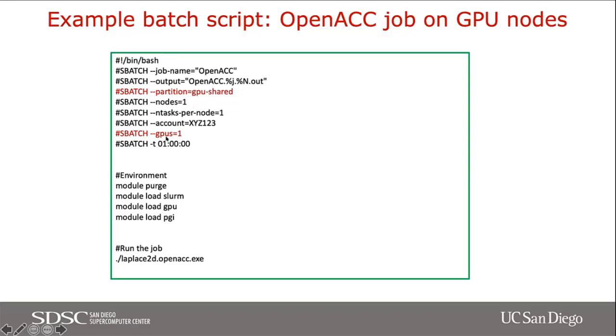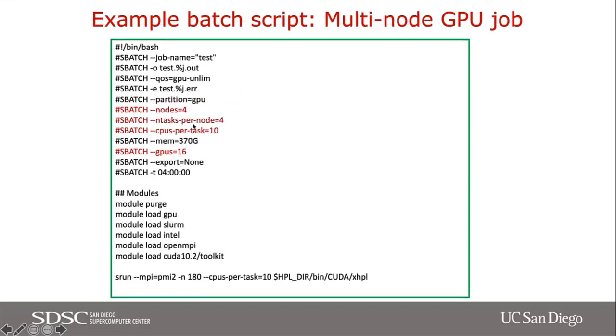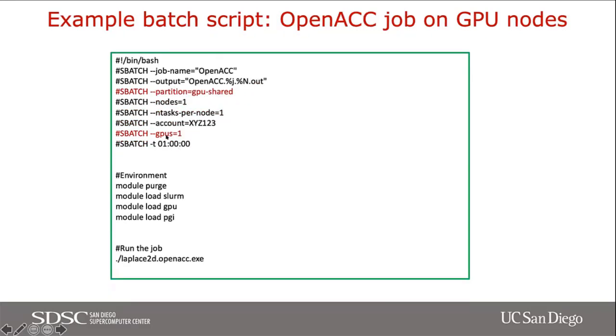The difference here is now I'm doing dash-dash gpus equals 1, which is different from Comet, where you would have done dash-dash gres equals gpu colon 1. And I'll talk about the multi-node case where the difference shows up. In this case, this was an OpenACC job on the GPU node. So I'm purging everything, loading PGI, which has the OpenACC support, and running the job.